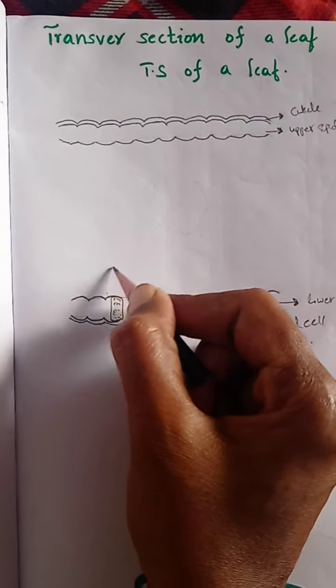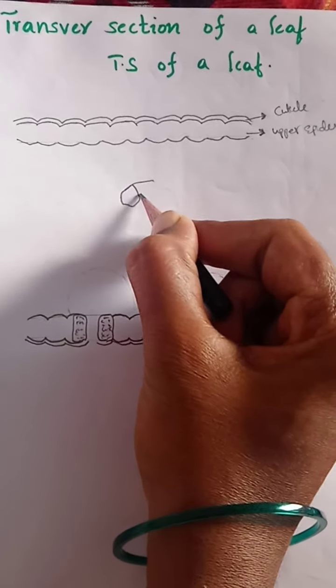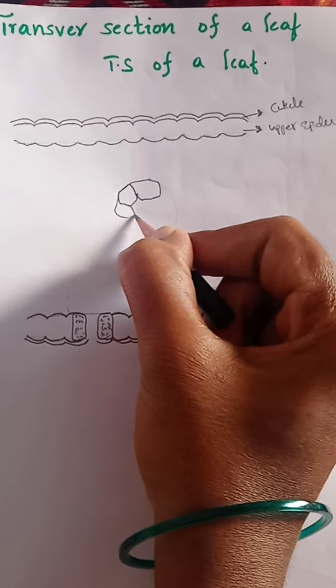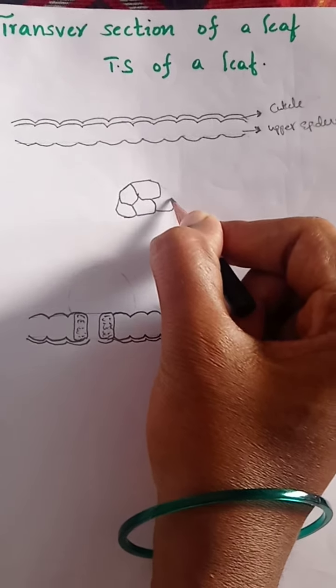Don't draw more. Now, the middle part we'll draw first. You should draw some irregular shape like this. This much is enough, and this is called what?